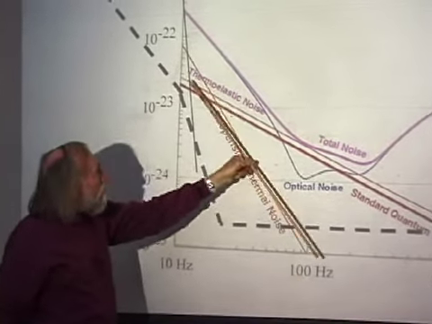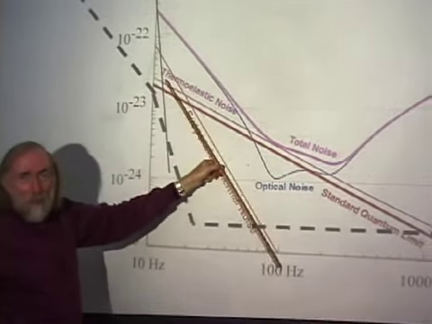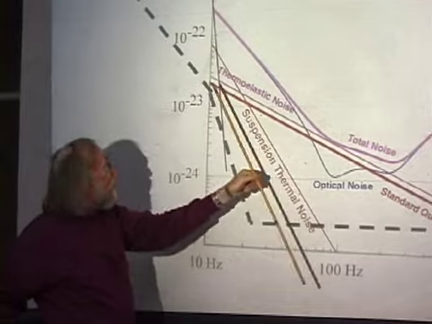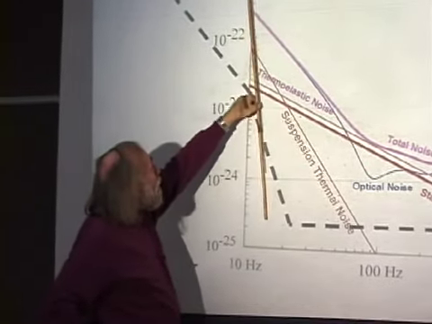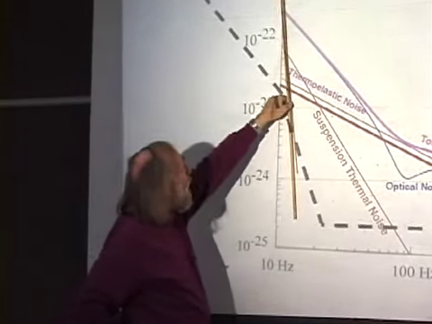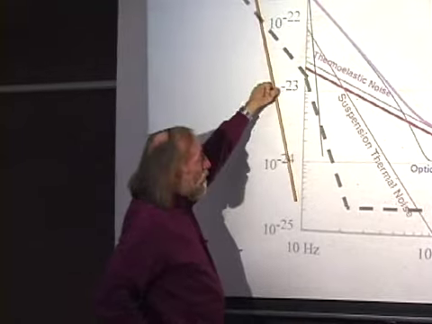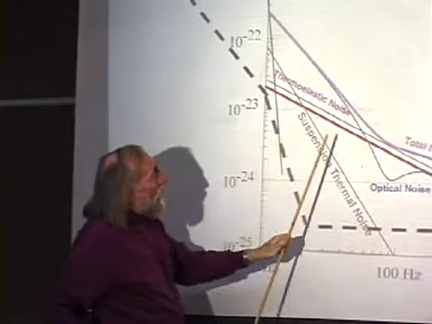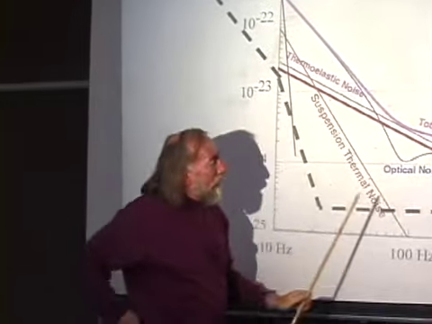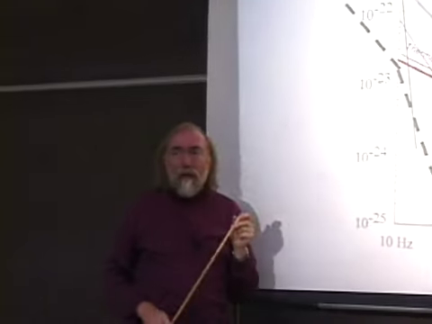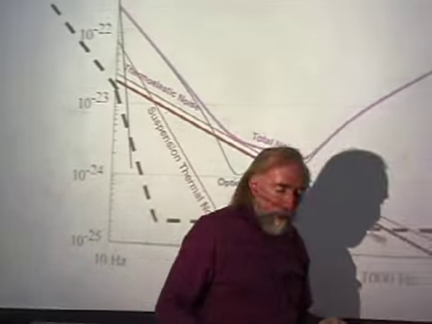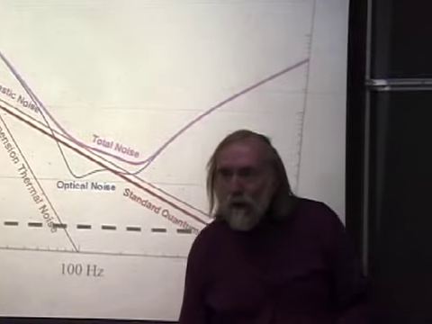Suspension thermal noise and thermoelastic noise you can deal with by cooling, and Ron will talk about that. Seismic noise you would have to deal with by a more effective seismic isolation system. And the optical noise you have to deal with by new designs for the optical topology of the interferometers, like Yanbei Chen talked about, quantum non-demolition interferometers.